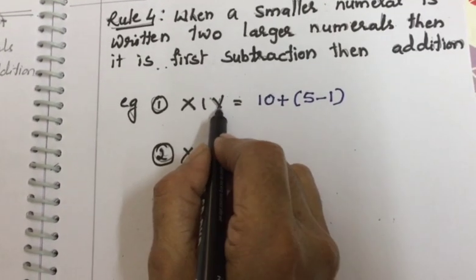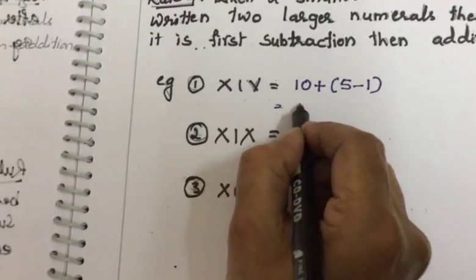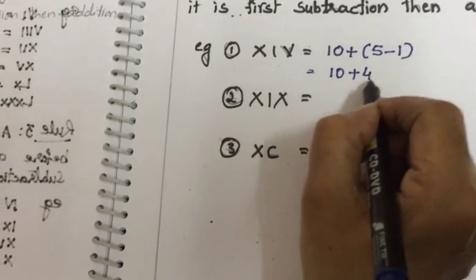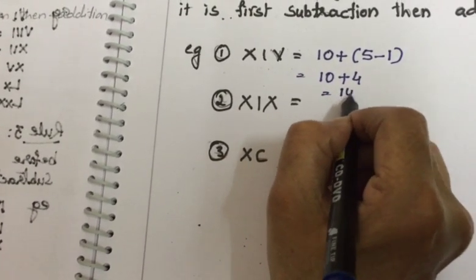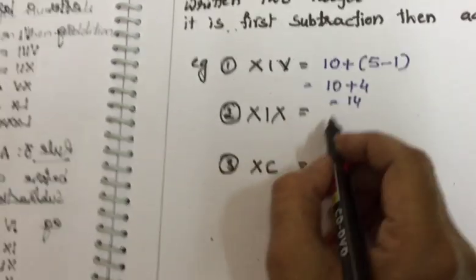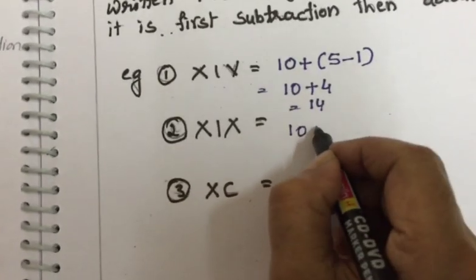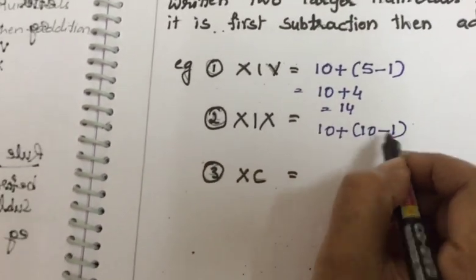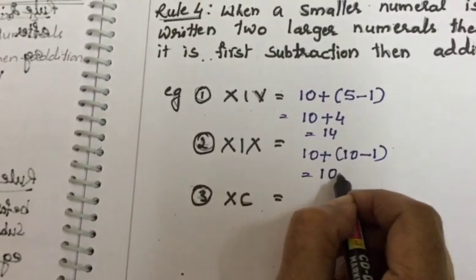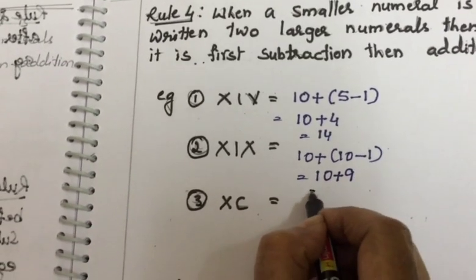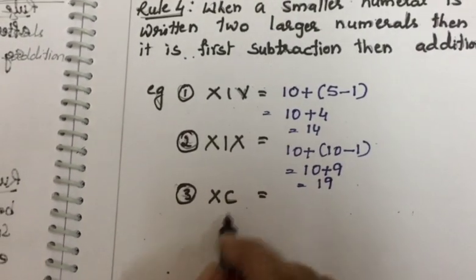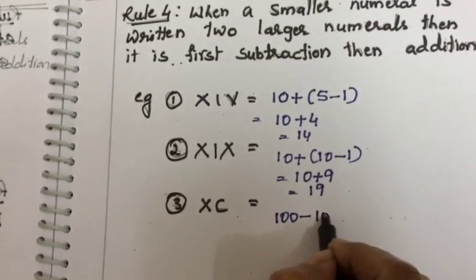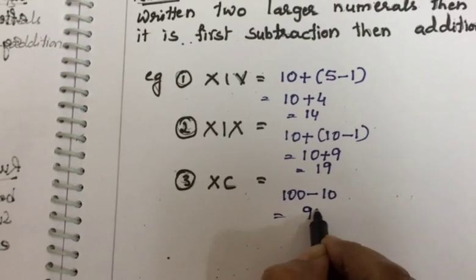This number you have to subtract, 5 minus 1. So 10 plus 5 minus 1 is 4. So this answer is 14. Here 10 plus 10 minus 1 is equal to 10 plus 9 is equal to 19. Here 100 minus 10 is equal to 90.